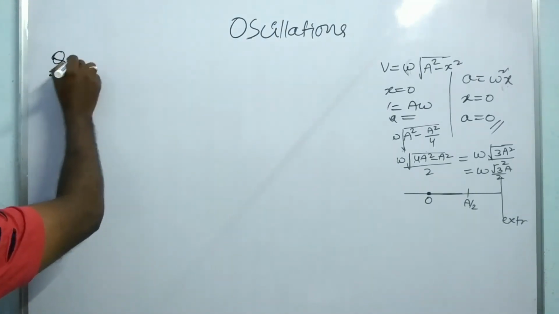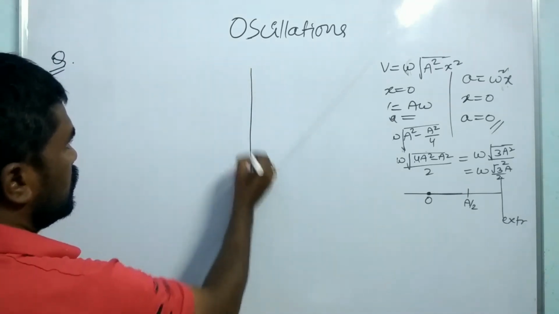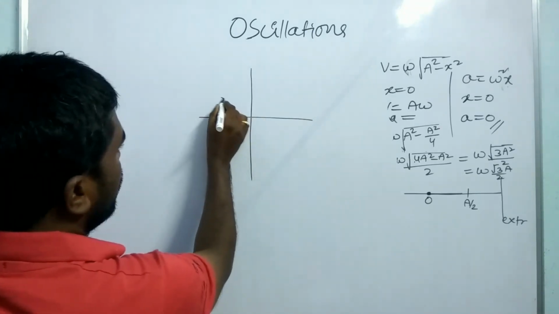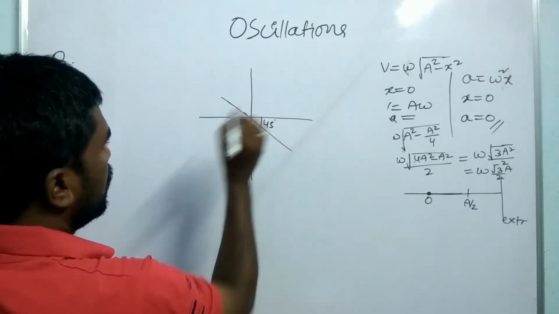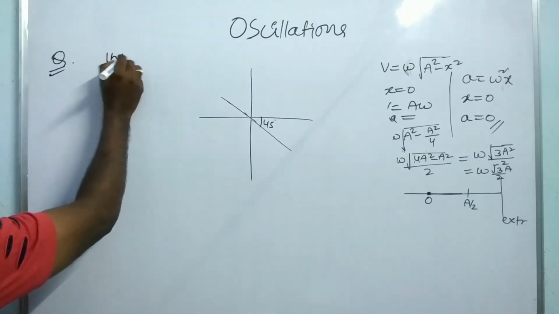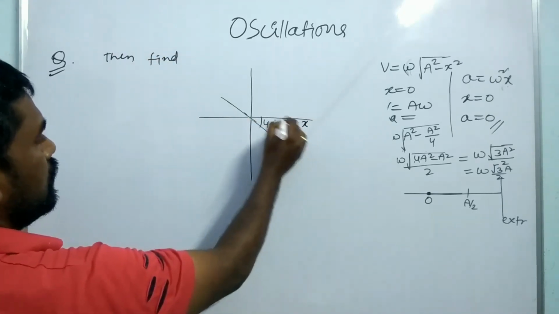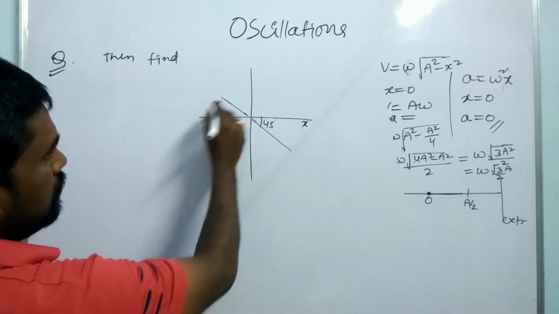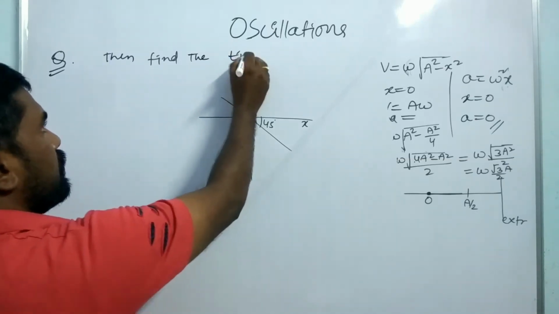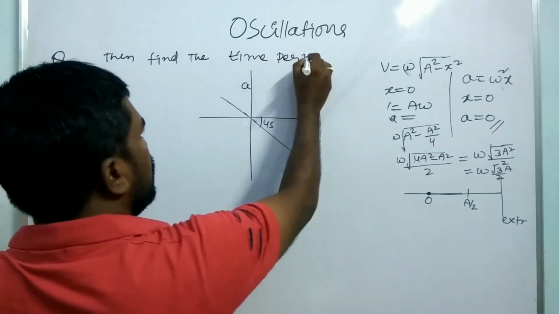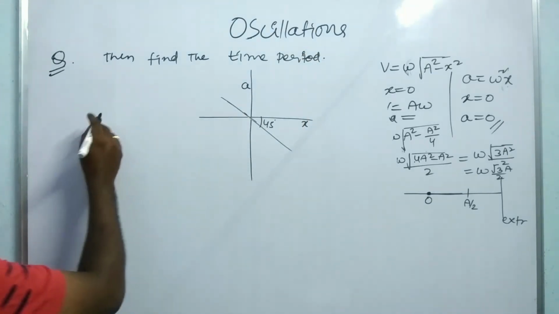Question 1. If the particle is making an angle theta equal to 45 degrees here, then find the time period. So this is the displacement and this is the acceleration.